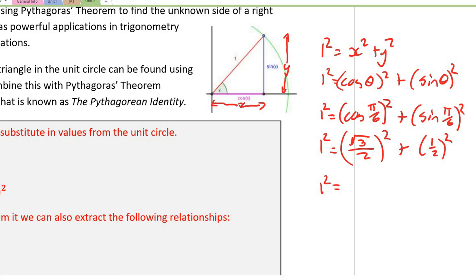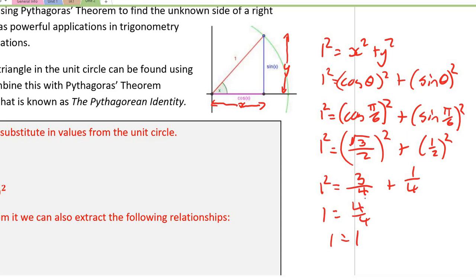What's 2 squared? What's 1 squared? And by the way, 1 squared is just 1, right? What's 3/4 plus 1/4? 4/4 or 1. If you have 3/4 of a pie and I got 1/4 of a pie, between the two of us, we've got 4/4 of a pie or 1 whole.